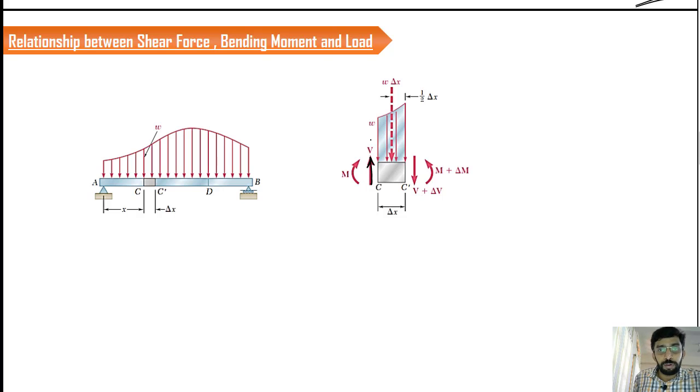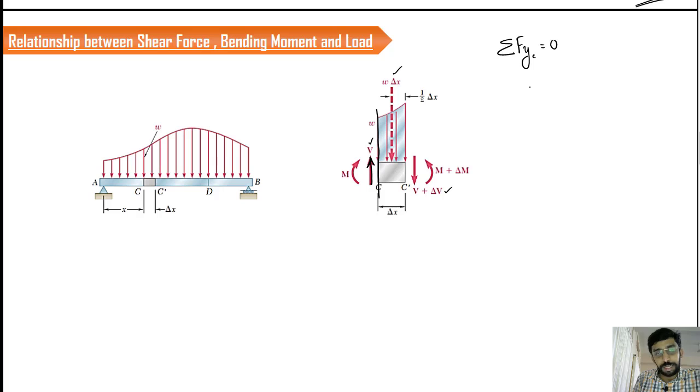Now we will discuss the equilibrium here. So let us write the net force in the y direction equal to 0. Here also you have to follow the same sign convention. I am going to take the section here, CC dash. This is the section I have. So if you look at this section, we have one force V here, V plus delta V here, and also the external loading here. So how will we write?